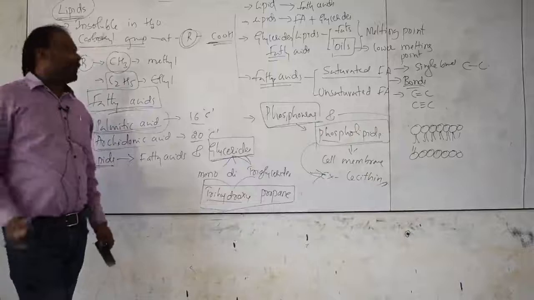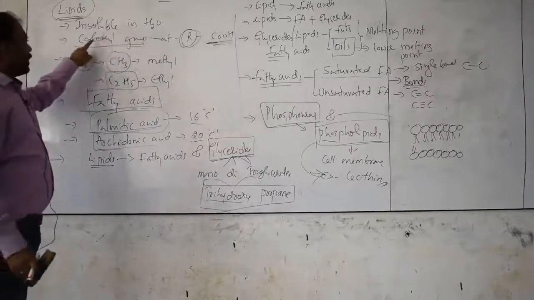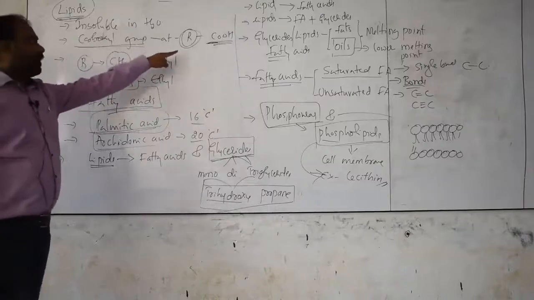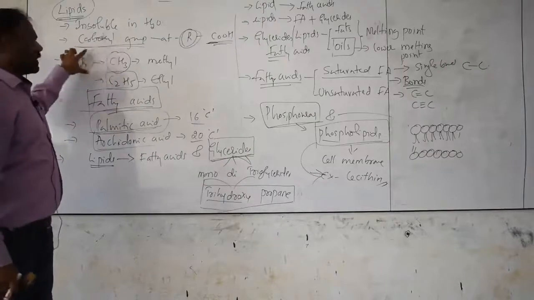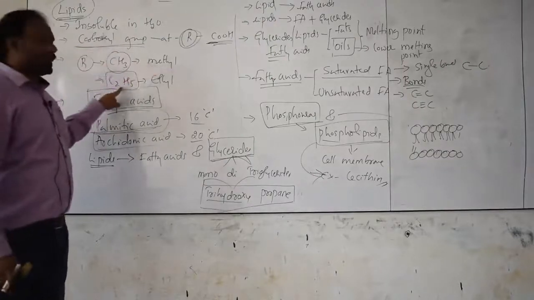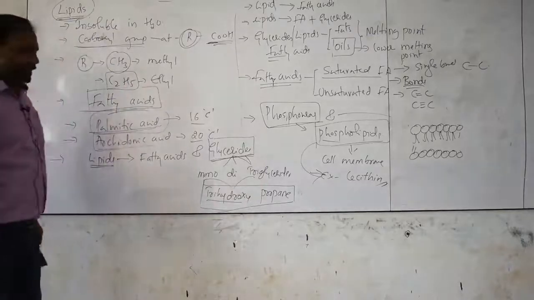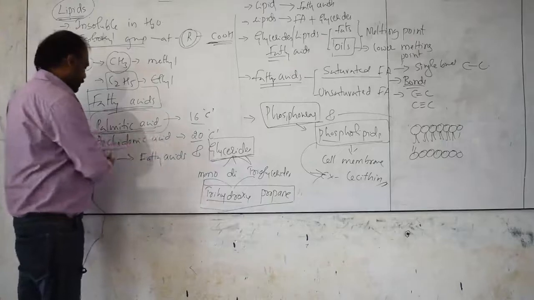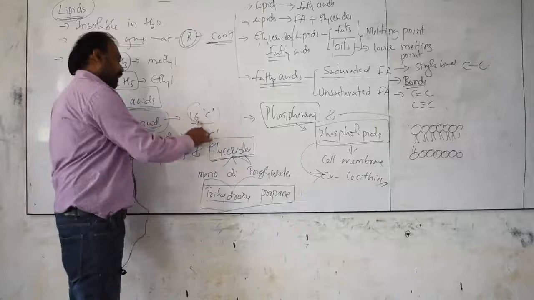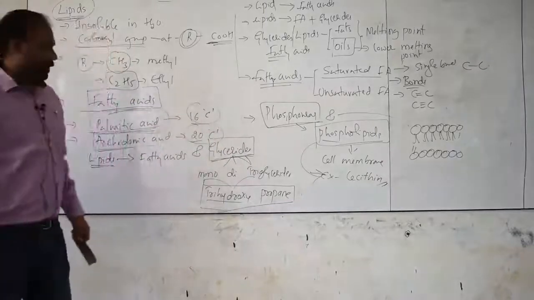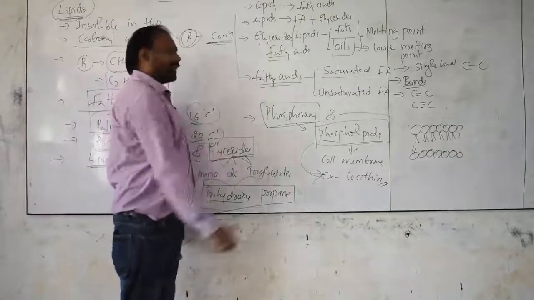This is about lipids. See, quickly I can revise. Lipids are insoluble in water. They contain a carboxylic group, and if CH3 is present at the R group, it is called methyl. If C2H5, it is called ethyl. The lipids are made up of fatty acids, and one such example is palmitic acid and arachidonic acid. They contain 16 and 20 carbon atoms respectively, and lipids are made up of fatty acids as well as glycerides.